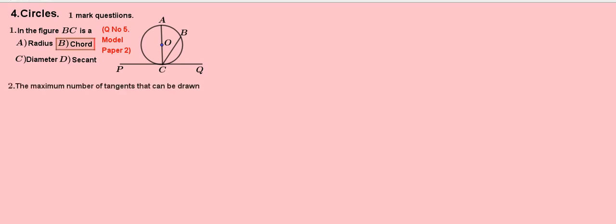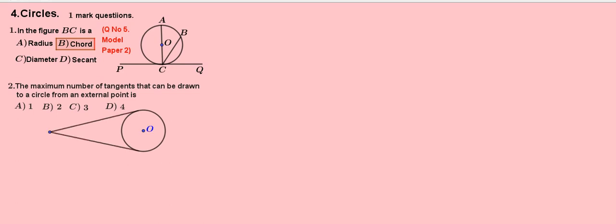Question number 2. The maximum number of tangents that can be drawn to a circle from an external point is option A 1, option B 2, option C 3, option D 4. Let us try to draw tangents from an external point to a circle as far as maximum.